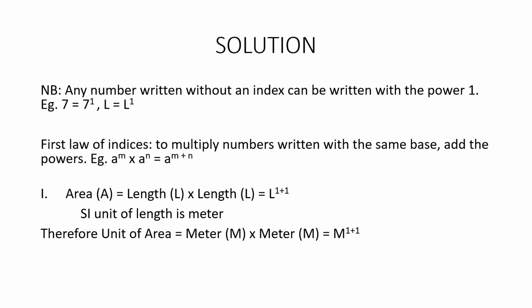With the first law of indices, we have m to the power 1 times m to the power 1, in other words, m to the power 1 plus 1. Then you have m to the power 2, or meter square. So the SI unit for area is meter square, with the symbol m to the power 2.